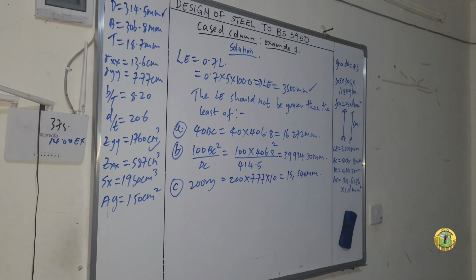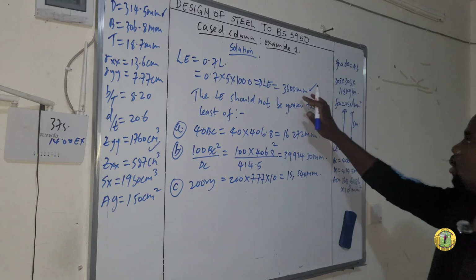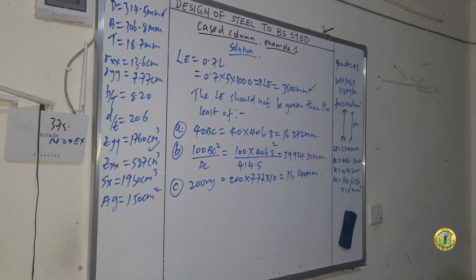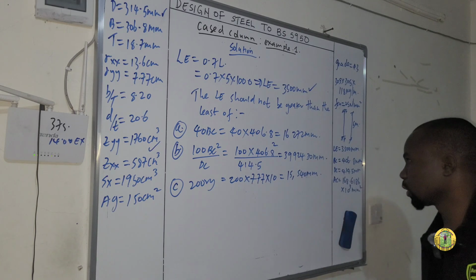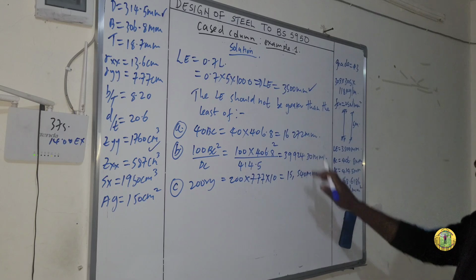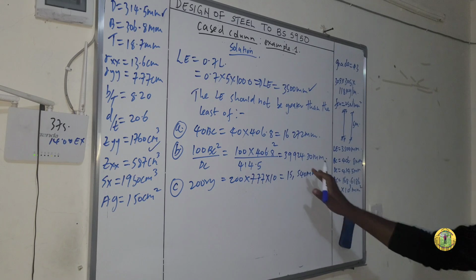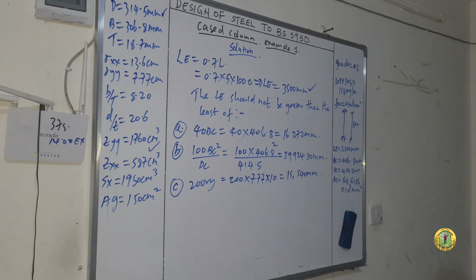So we have A, B, and C. The statement says that the LE should not be greater than the least of these. As you can see, 3,500 millimeters, which is LE, the effective length, is less than these three cases. The first case is 16,272. The second one is 39,924.30.